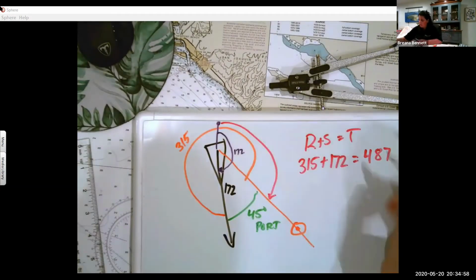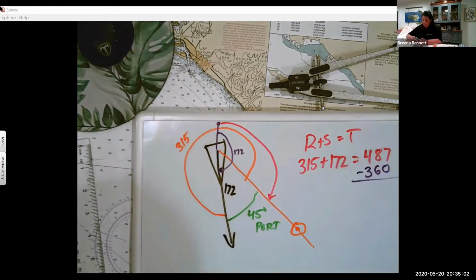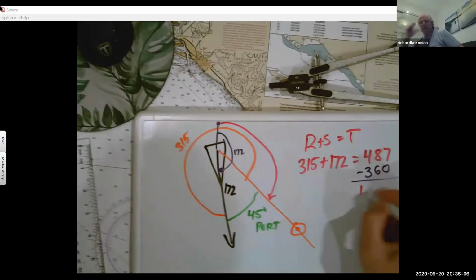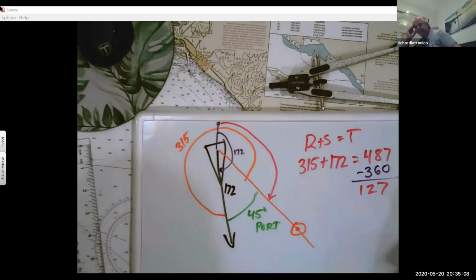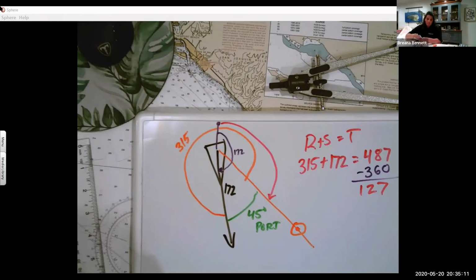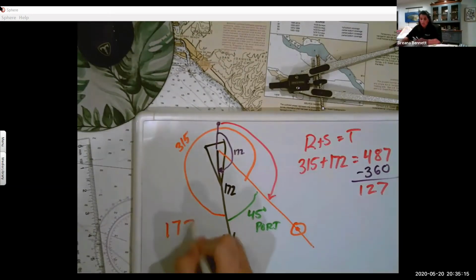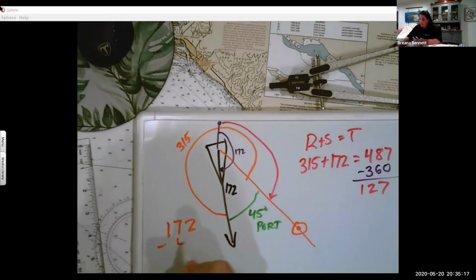So we have to subtract 360, and then we get 127. Or we could have gone 172 minus 45, and that also gives us 127.